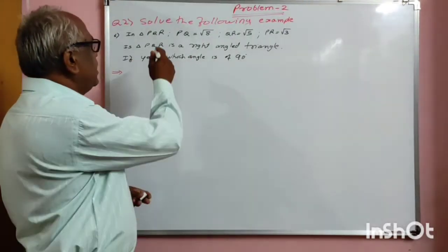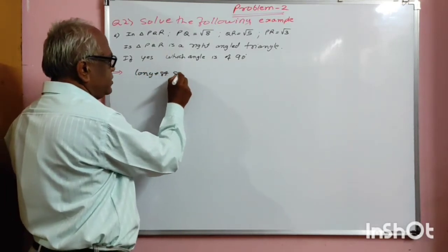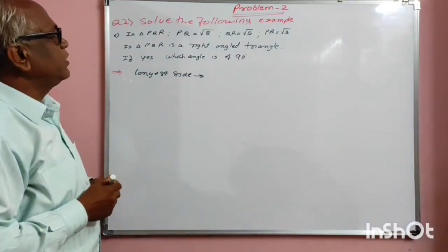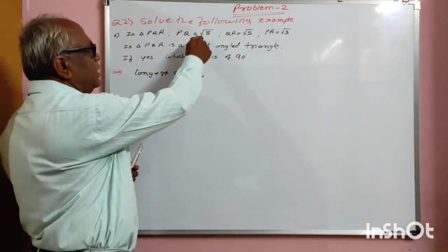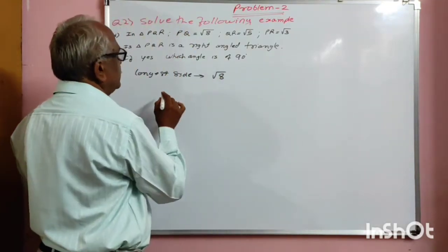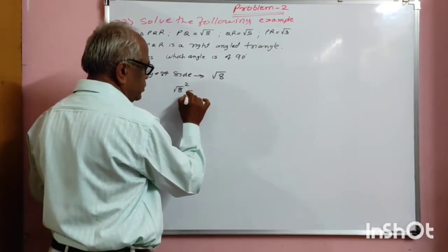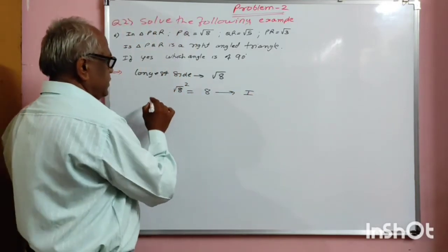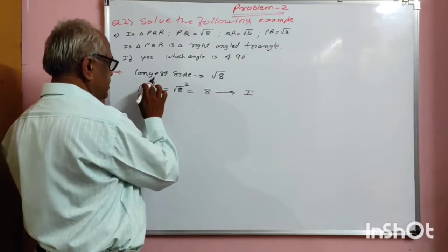Now here the longest side, which is the longest side now here, under root 8 or under root 5 or under root 3, under root 8 is the longest, so under root 8 square is equal to 8. This is equation number 1. That is equal to PQ square, we can say.